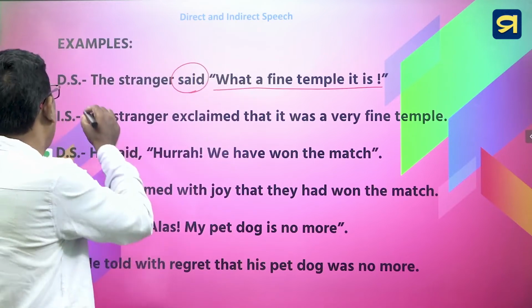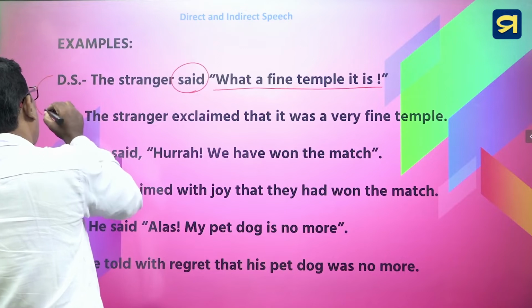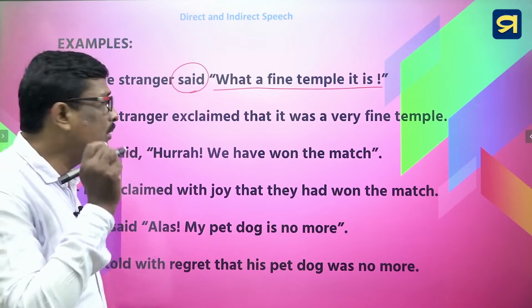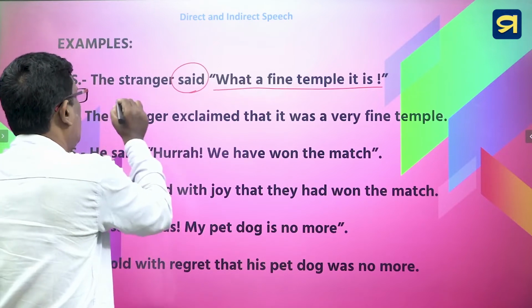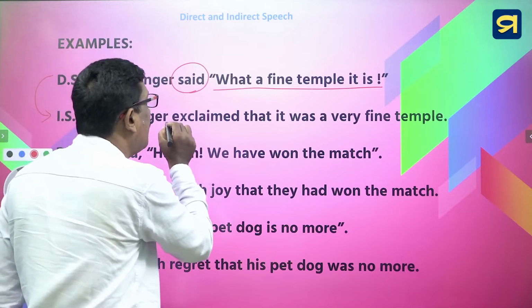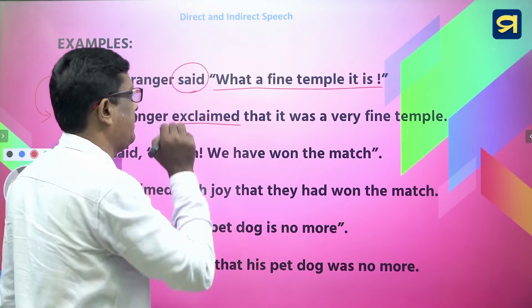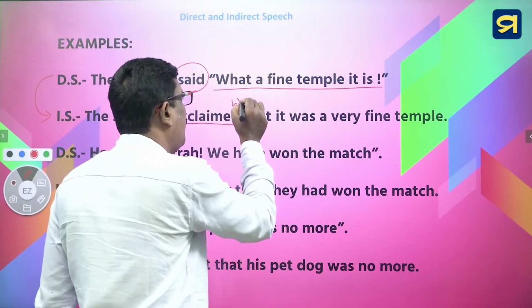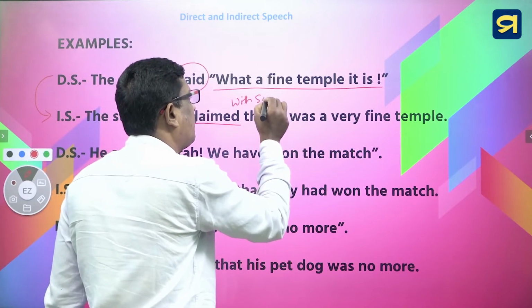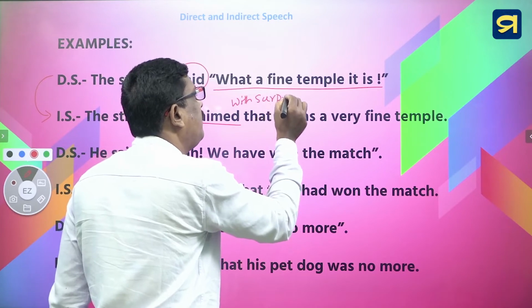So when we change from direct speech into indirect speech: The stranger exclaimed that. We may also write exclaimed with surprise, or exclaimed that.